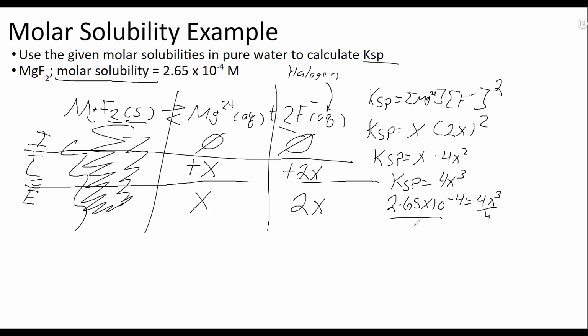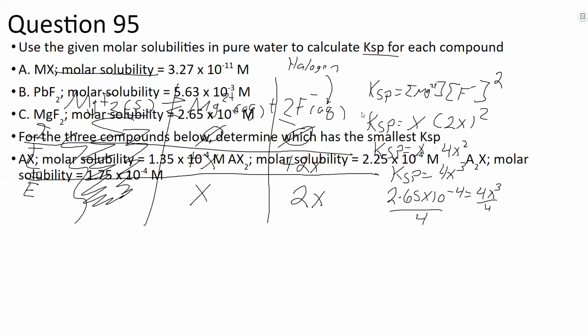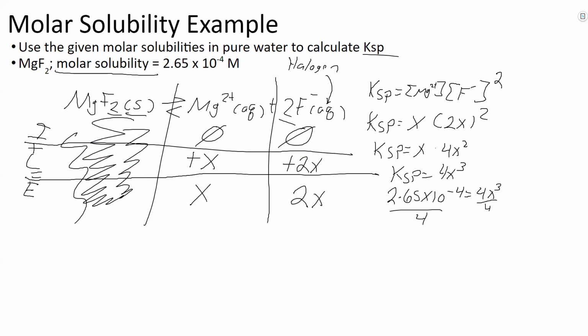Divide each side by 4 because I'm solving for x. Let me get out my calculator to do that calculation. So we have 2.65 times 10 to the minus 4 divided by 4. So that is 0.0000663.